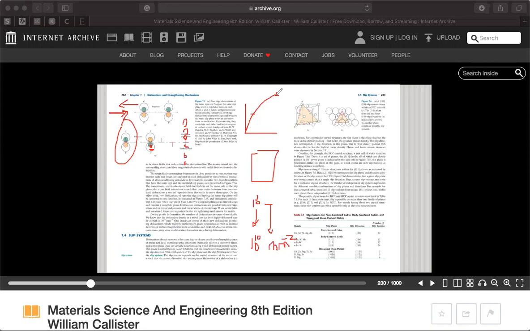Right. It becomes stronger. This is why, if you leave the material and then go back and apply the stress again, now you need a higher yield strength in order to start to plastically deform the material. Why?